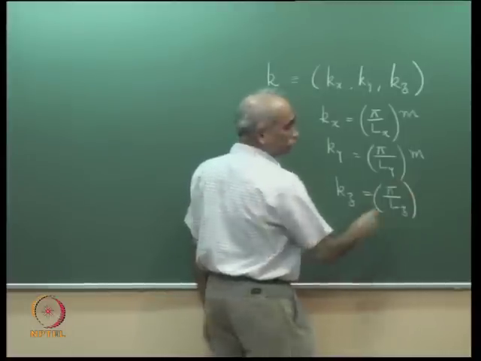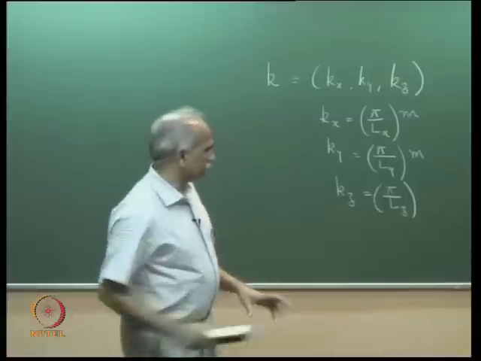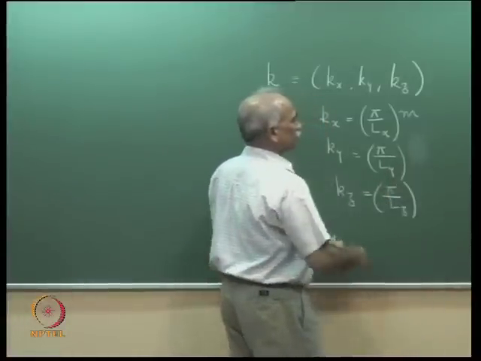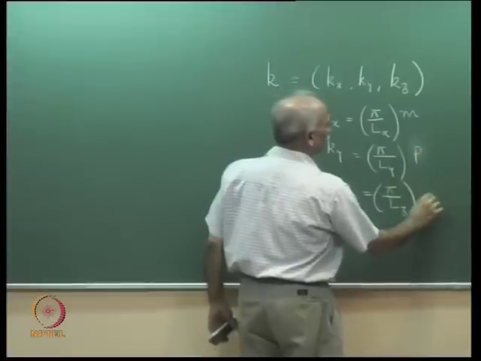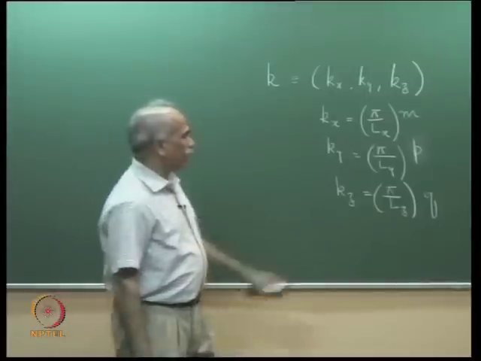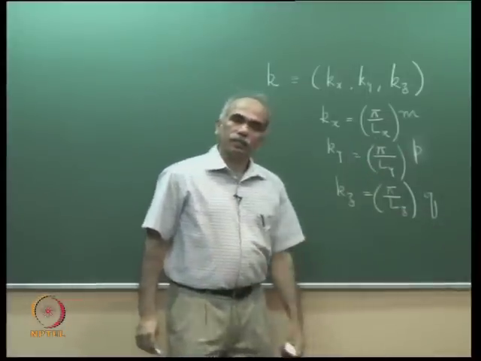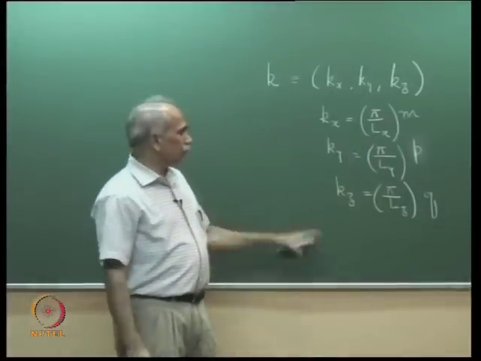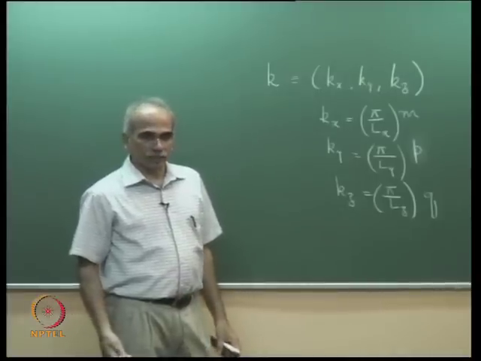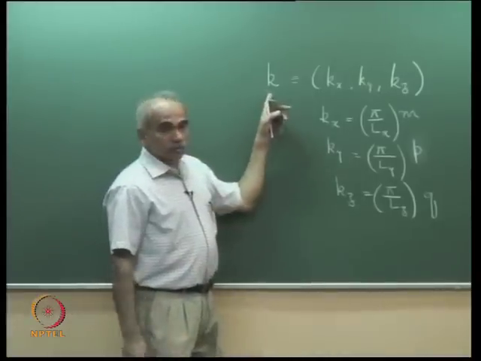The point to note is, just a second, I made a mistake here. I had used P, so m, p and q, small p and q, are integers. So, the point to note is the values of kx, ky, kz are discretized, and therefore, k is discretized.